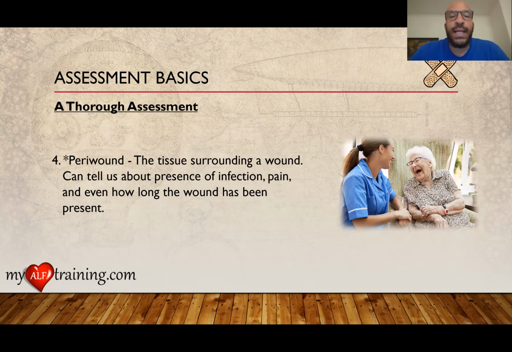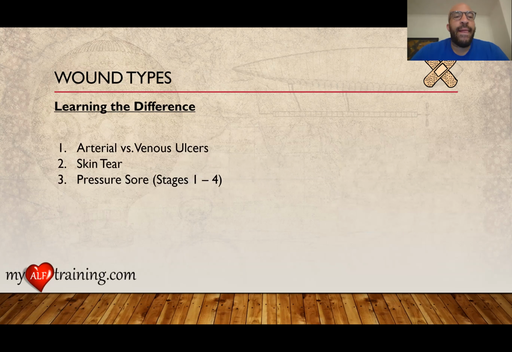It can tell us about the presence of an infection. It can tell us how painful the area or the wound might be. And even some nurses can tell how long the wound has been present just based on the peri-wound area. But first, let's talk more about the wound types.